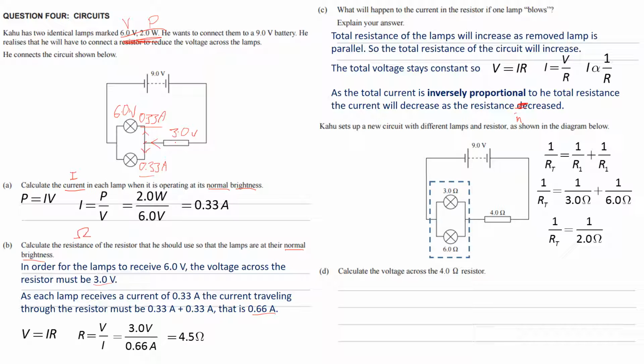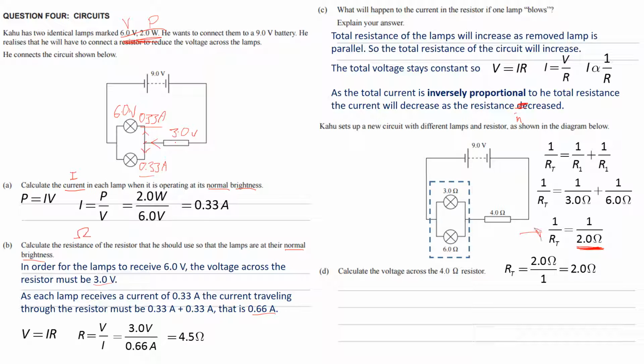And then in order to get RT, we're going to have to flip both sides of this equation over, or get the inverse of this. So RT equals 2 over 1 equals 2 ohms. One really important thing to note here is a lot of mistakes that I've seen in people doing these problems is they get this answer here.